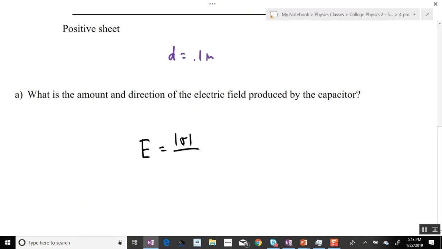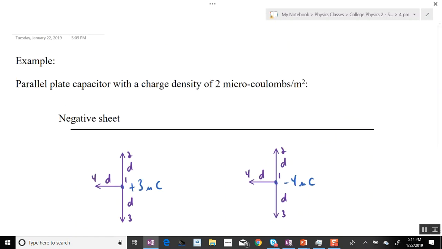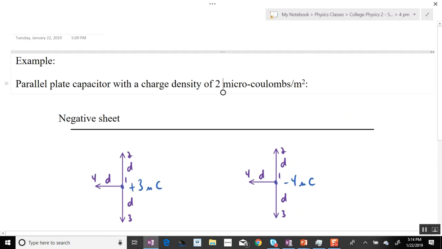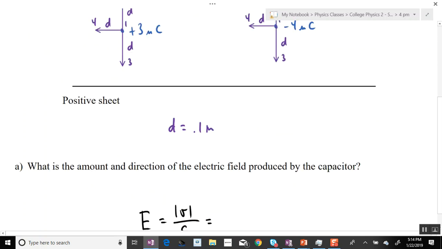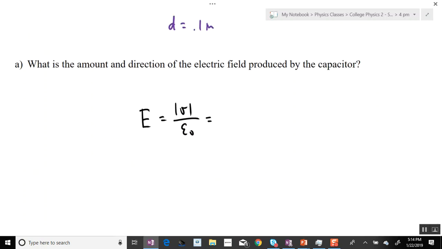It's the surface charge density, the charge per unit area, divided by epsilon 0, right? So it's an epsilon. It's not a charge. It looks like a charge, but it's an epsilon. So you have to convert the charge per unit area, which is this thing here, 2 microcoulombs per meter squared, meaning every meter squared there's 2 microcoulombs of charge in the sheet of the capacitor.